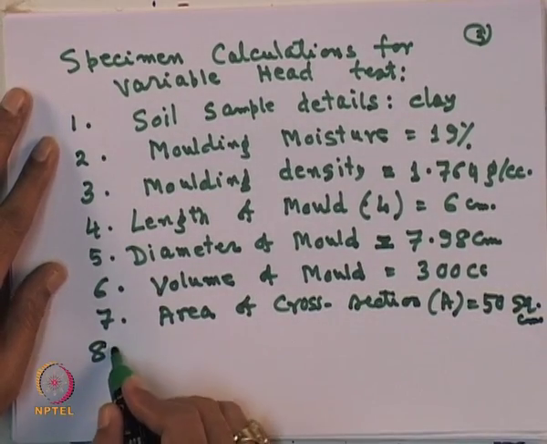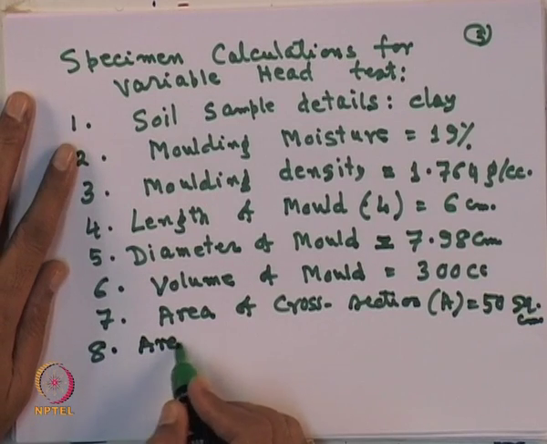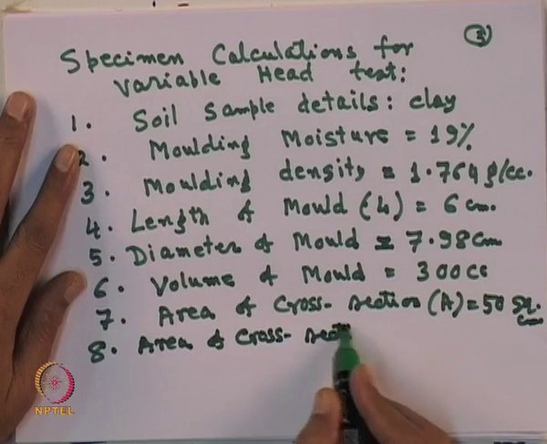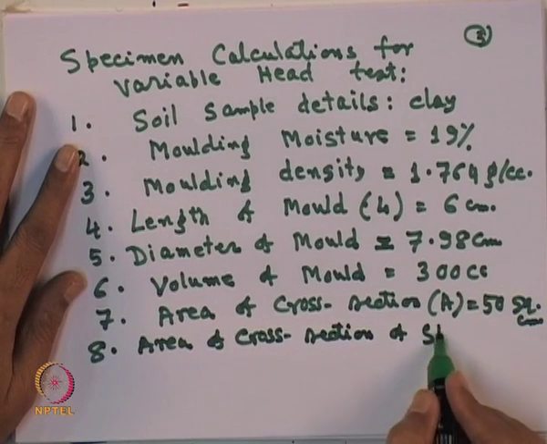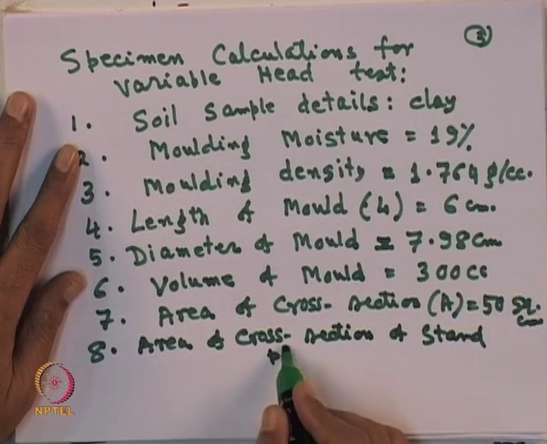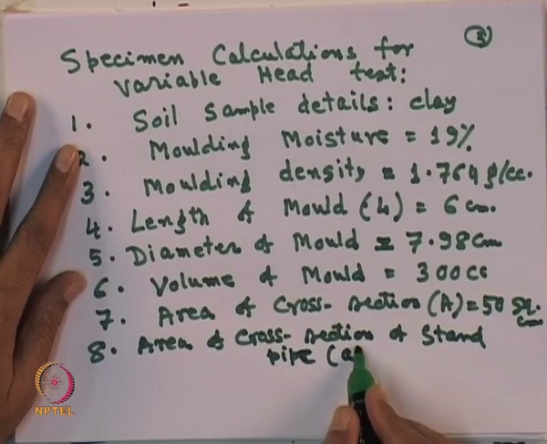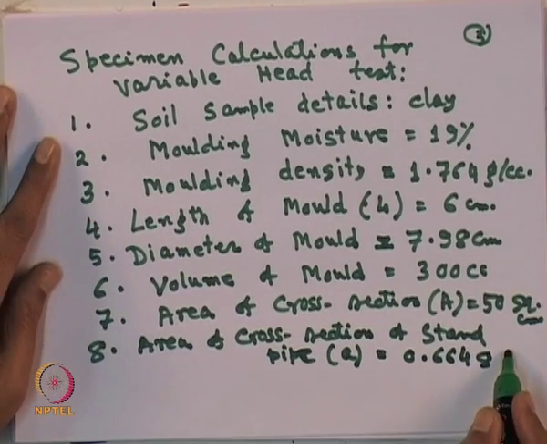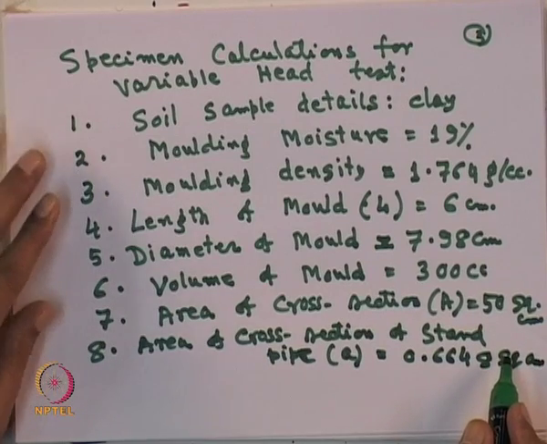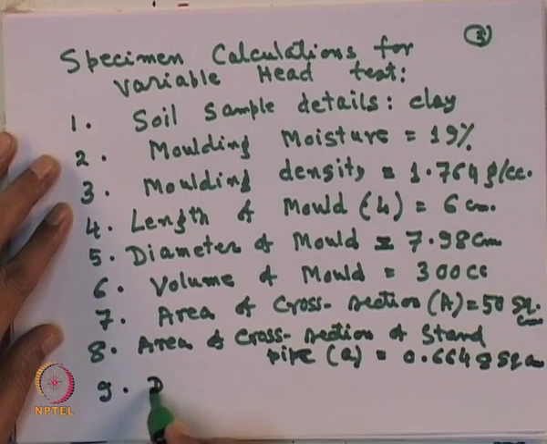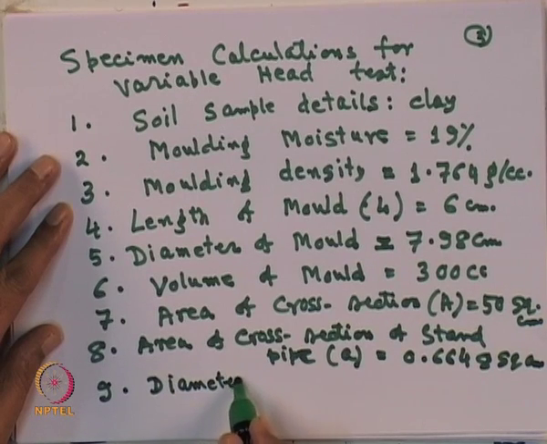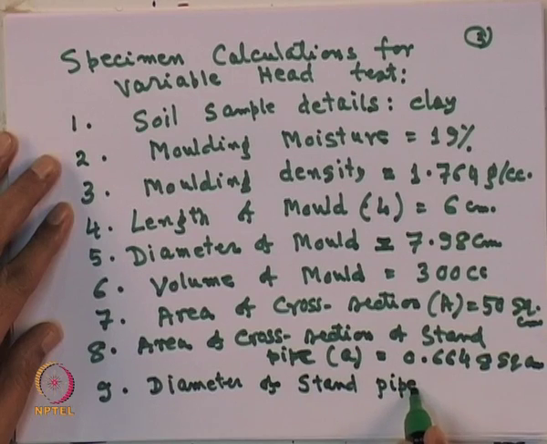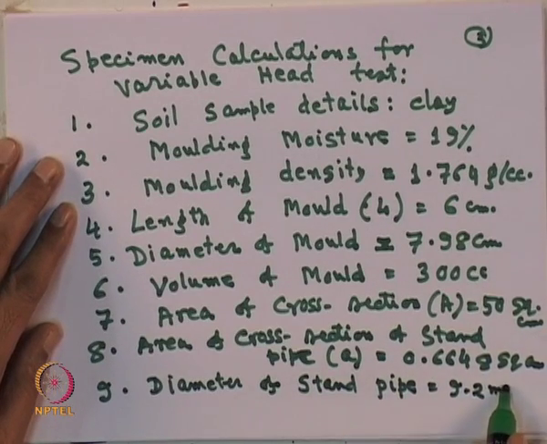Also, you should know the area of cross section of the standpipe, designated as small a, which is equal to 0.6648 square centimeter, and the diameter of the standpipe is 9.2 millimeter.